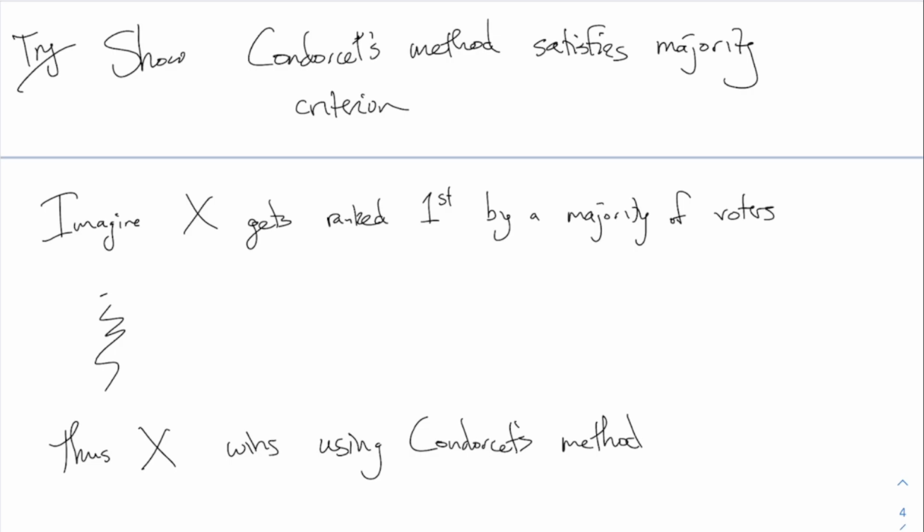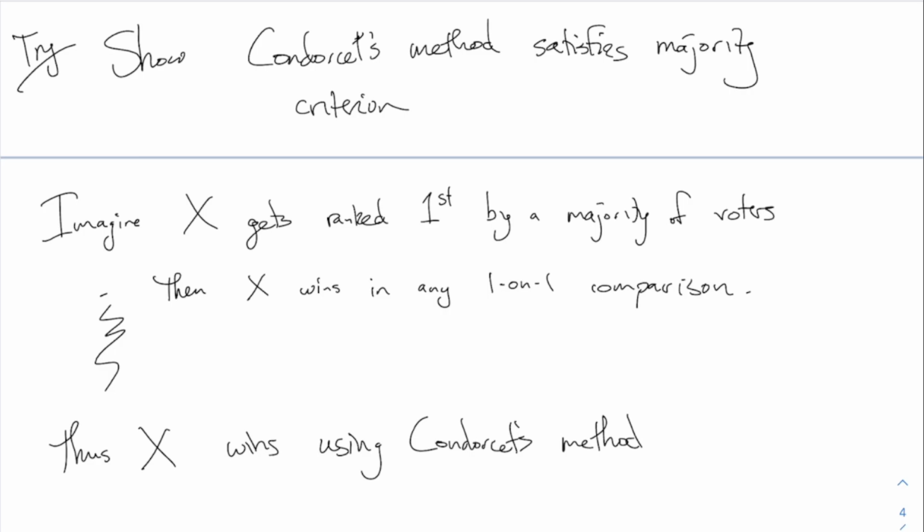I would have said something like, X wins in any one-on-one comparison. That's because if they are in the top position by a majority, then every time you compare them individually, it's still true that a majority of the voters likes them the best.